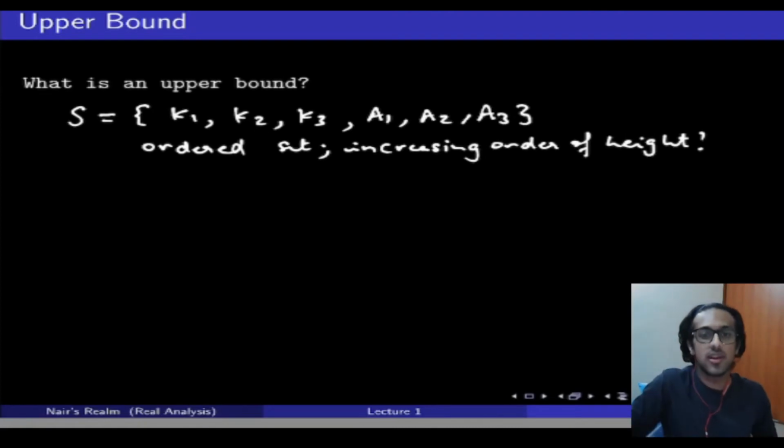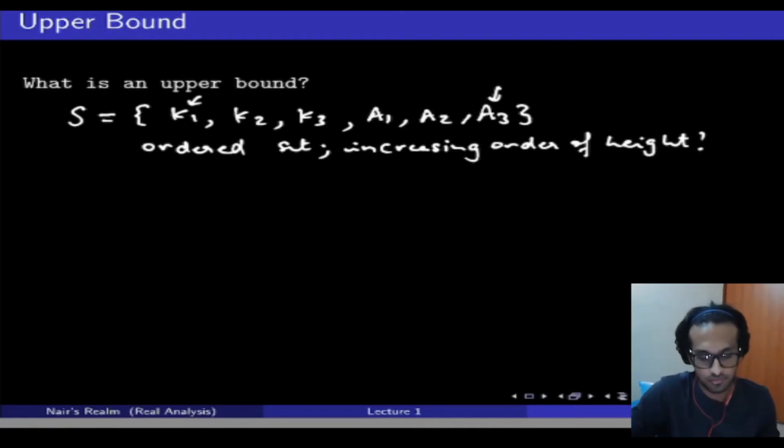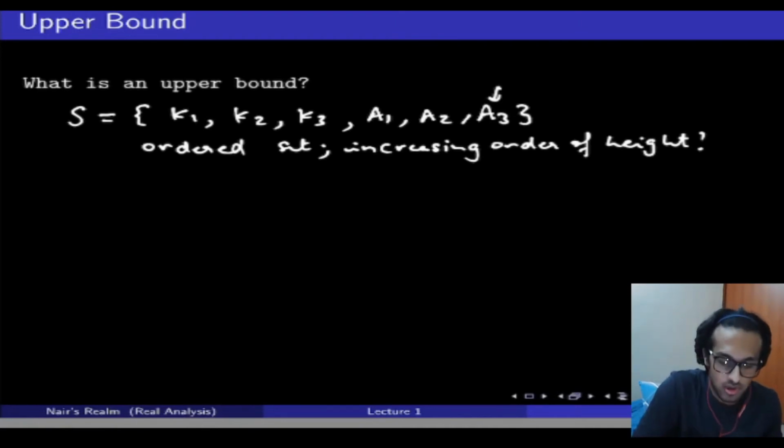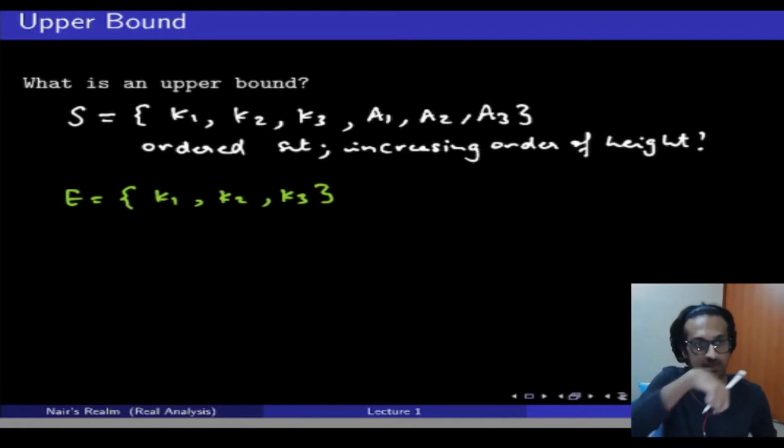So k1, k2, and k3 are three kids, and a1, a2, and a3 are three adults. That's just the way I'm defining this set. The set S is already ordered, which means k1 has the smallest height and a3 has the largest height. Now I'm going to take a subset of S, and I'm going to call that subset E. Let's say E is just the kids, k1, k2, and k3.